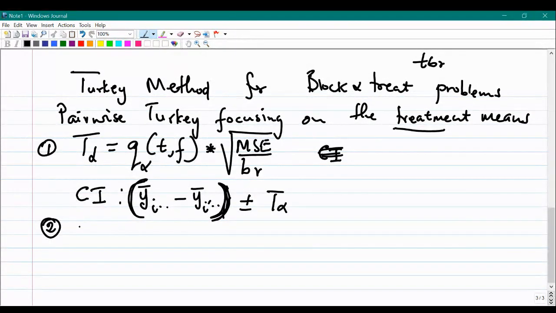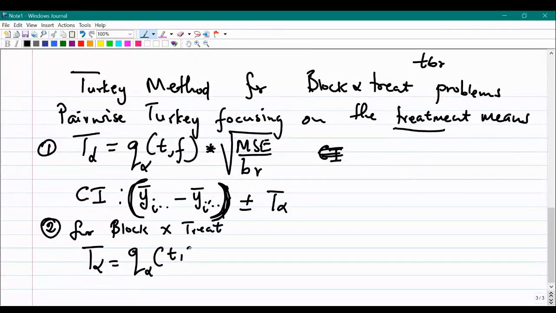Number two, for block by treatment, still Tukey. T alpha will be given by Q alpha, TF, multiplied by the square root of MSE divided by, give me the answer, guys.